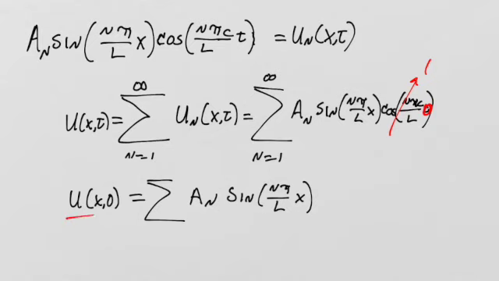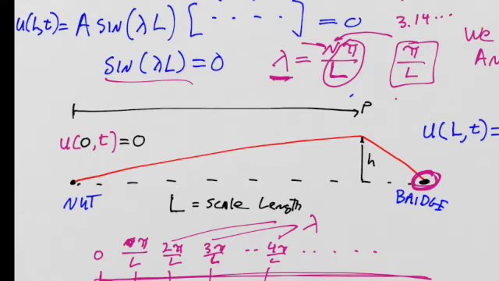So u(x, 0), which is the shape of the string at time t equals 0, which is this shape right here, this initial shape, our plucked string displaced at a distance p, which, by the way, if I didn't mention it, I'm going to choose p to be 7/8 of L, right? So it should be right in between the bridge pickup and the neck pickup. That's my estimate of where that is.